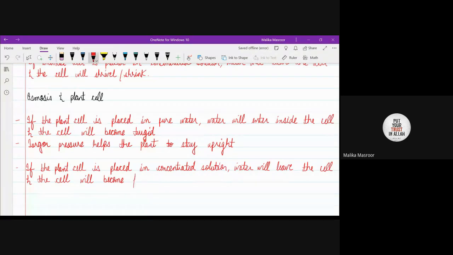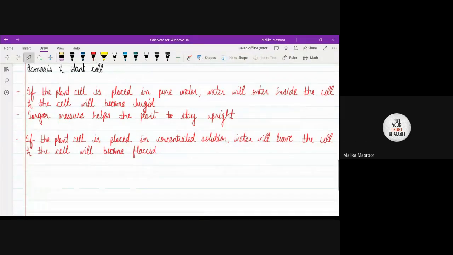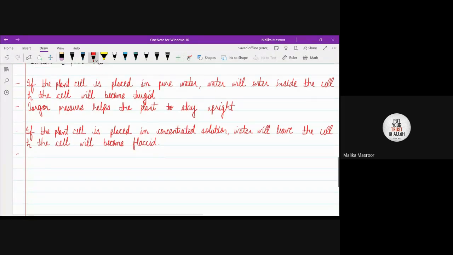And if it stays flaccid, it becomes sloppy. You might have seen leaves, how they become droopy, they wilt. That is the flaccid condition. And sometimes it loses so much water that your cell membrane detaches away from the cell wall and the cell becomes plasmolized.